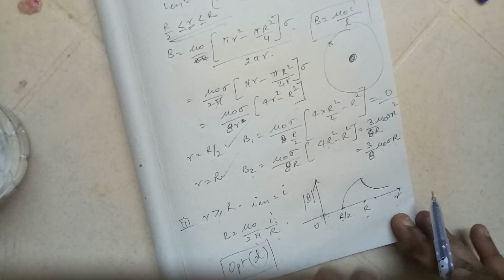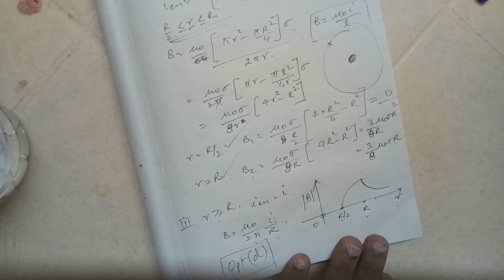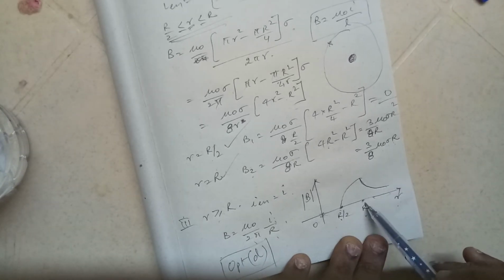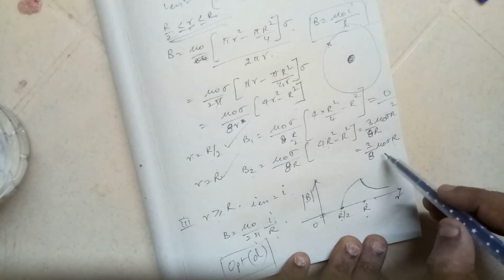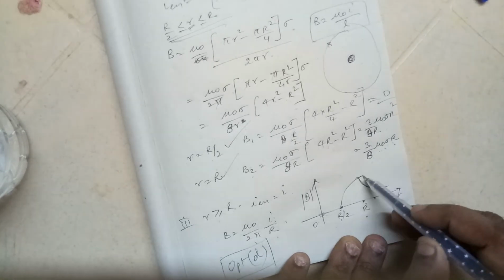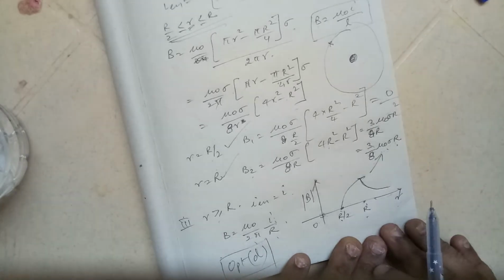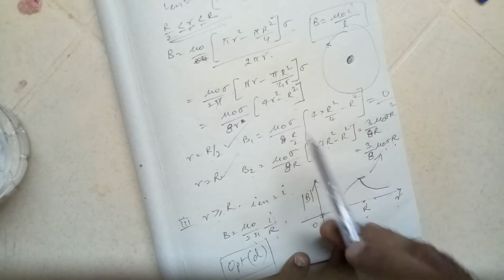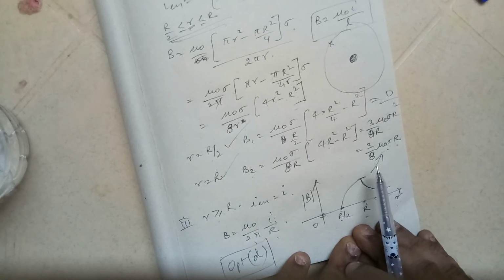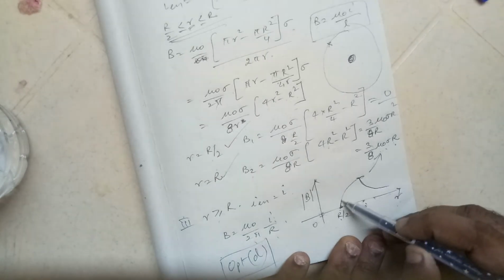So 0 to R by 2, there is no magnetic field. From R by 2 to R, the value is varying from 0 to 3 by 8 mu naught sigma R. So this value is how much? This value is the value. And how is the variation? You can see it is 4r square minus R square. Is it not in the shape of a parabola? So this will be my parabola.